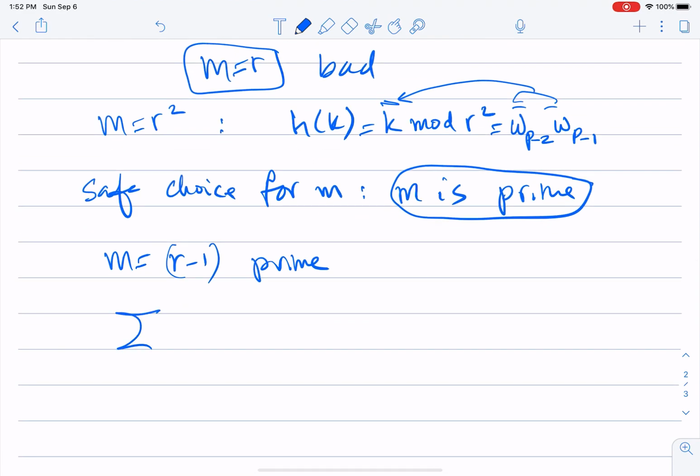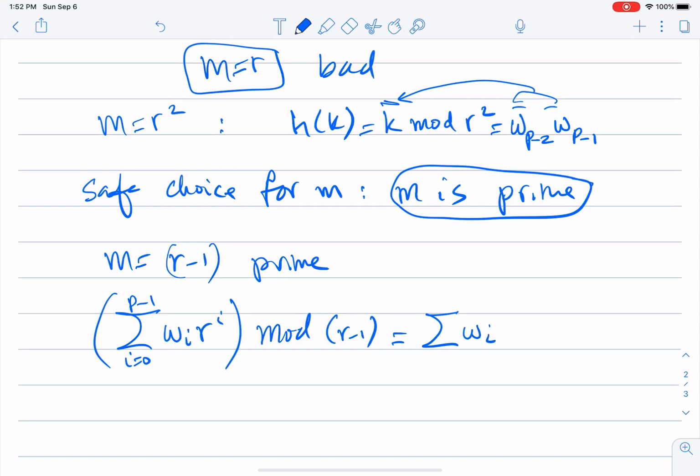Because now if I take this string here, the sum of Wi R to the I, I equals 0 to P minus 1, and I take this mod M, which is R minus 1, the R to the I actually disappears from here.